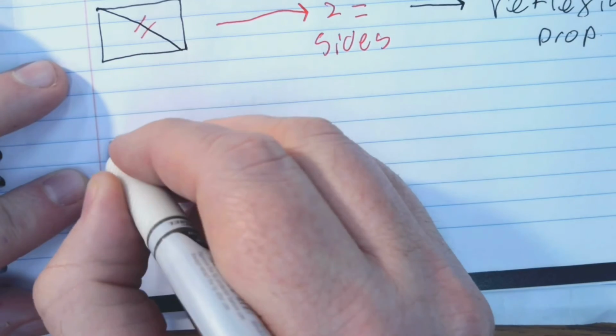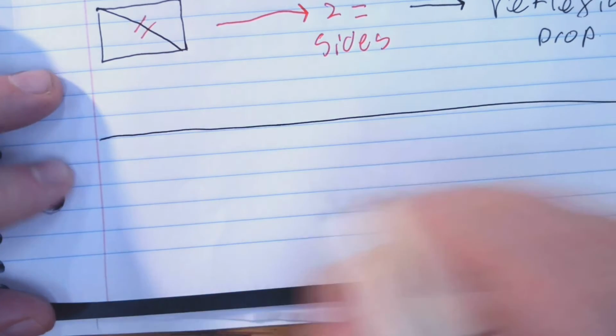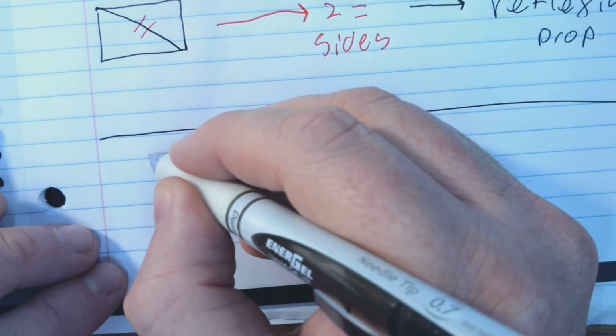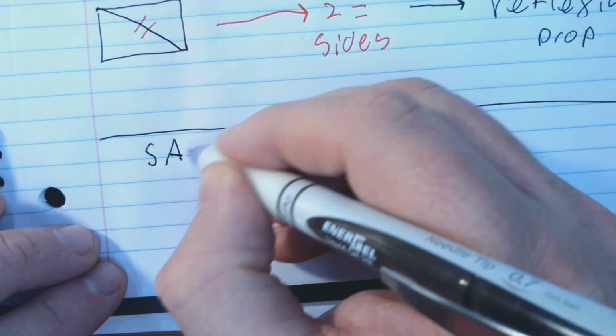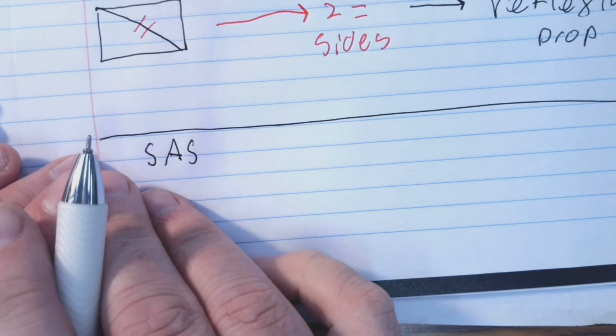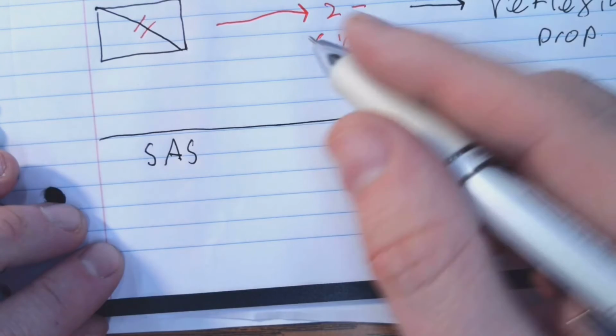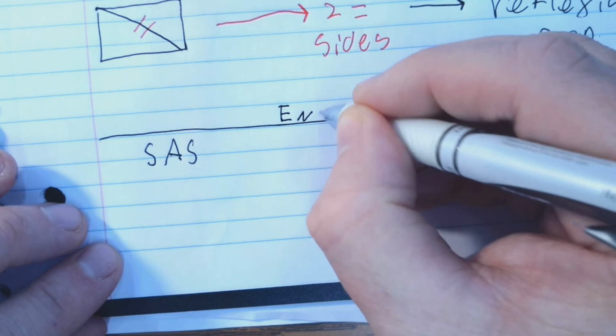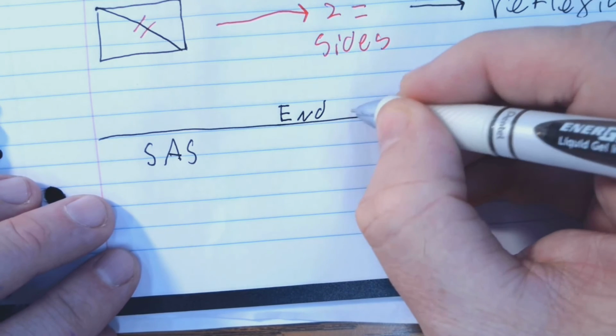This is ends. Okay. We know how to end with SAS. That's all we've learned so far, right? So I'm going to put end tools, right?